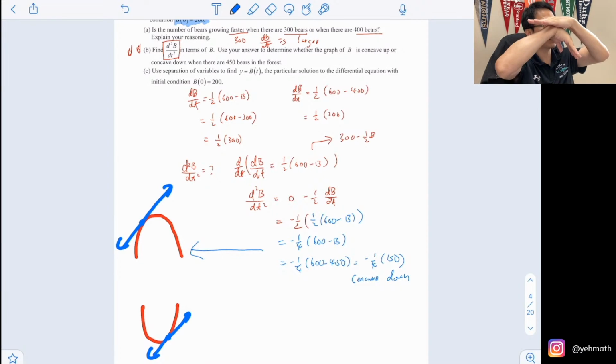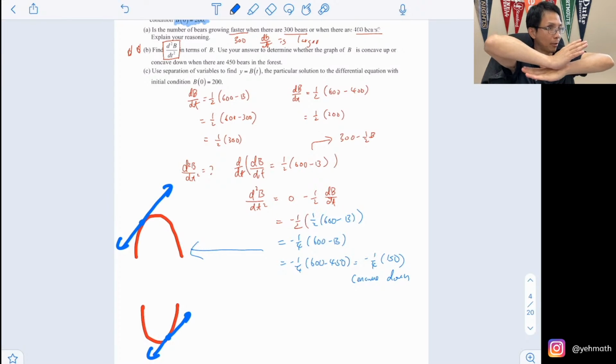When you have this, the concave down, your tangent line is always above. So your tangent line is an over approximation. And if it's concave up, then it's going to be like this. Your tangent line is always an under approximation, at least somewhere near there. Always. It doesn't matter before or after the point. It's always going to be the same.